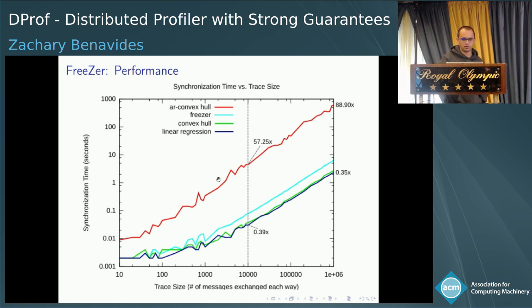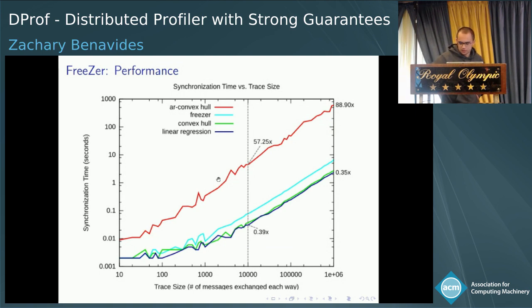The AR convex hull method, which is this red line here on the top, is a restructuring of the convex hull method using linear programming that allows you to get strong error bounds. So the same type of thing that we're providing, the error bounds here, that's what the AR stands for, accuracy reporting convex hull.